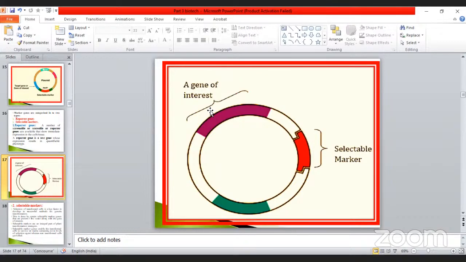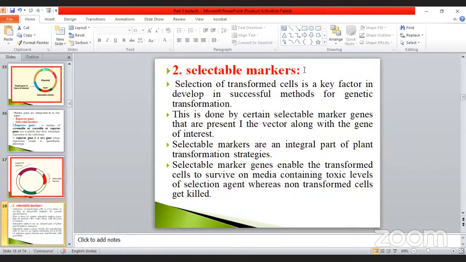In this portion, the red color is a selectable marker. This is the entire plasmid structure, and each one has a specific structure, like pBR322 and others. And the second one is called a selectable marker.